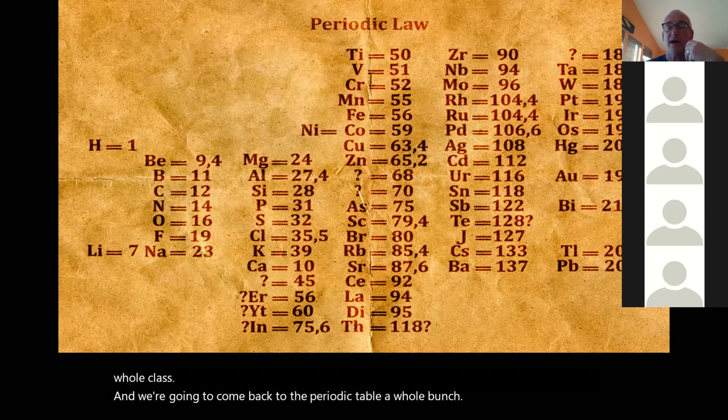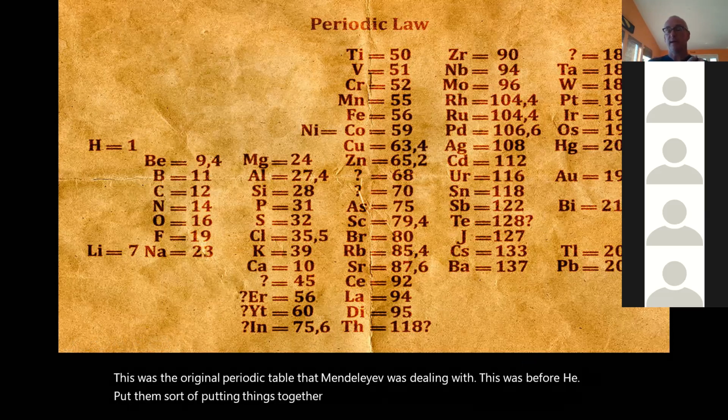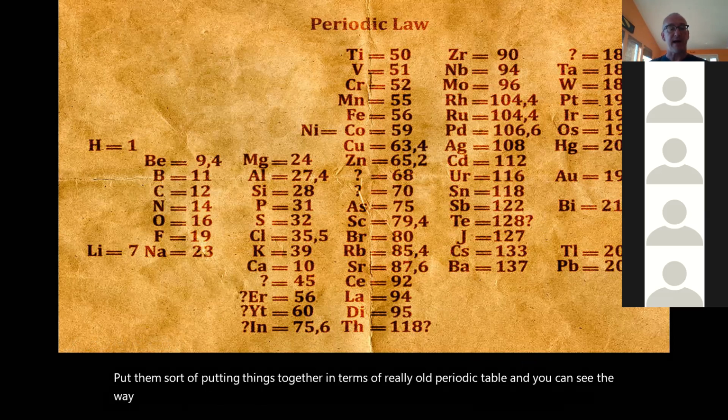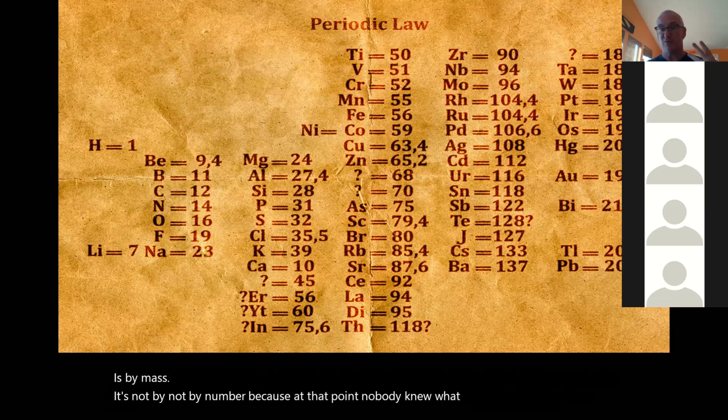This was the original periodic table that Mendeleev was dealing with. This was before he started putting things together. This was a really old periodic table, and you can see the way it's arranged is by mass. It's not by number, because at that point, nobody knew what electrons, protons, or neutrons even were.